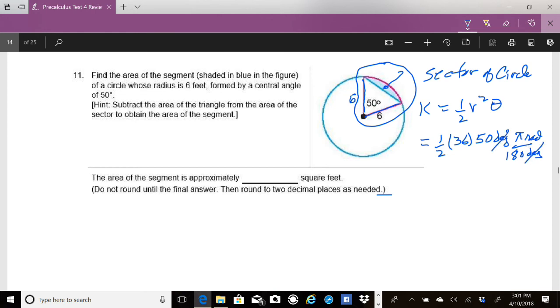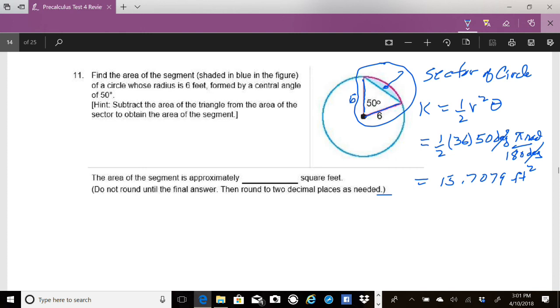Notice our degrees cancel out. And this is equal to 15.7079 square feet.